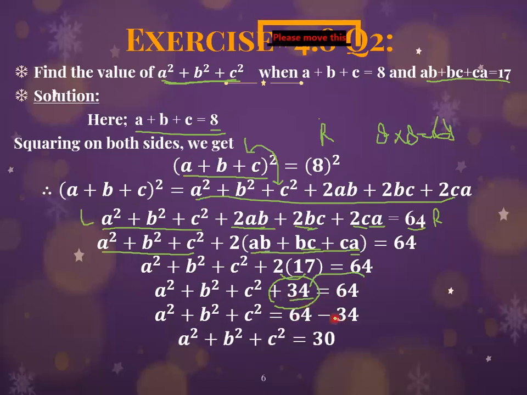When you subtract, the answer will be 30. So a square plus b square plus c square will be equal to 30. Clear? Is it clear? This is very simple and easy, just like the previous questions that we have done with two terms. Yes, it is easy.